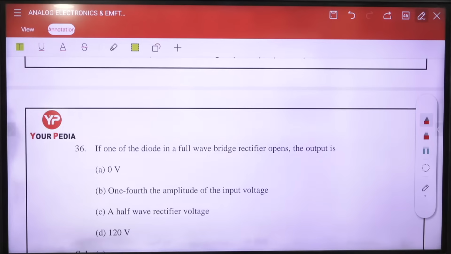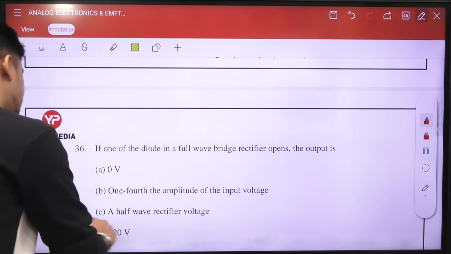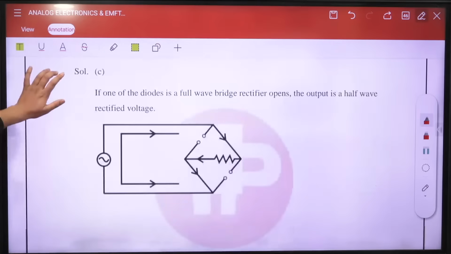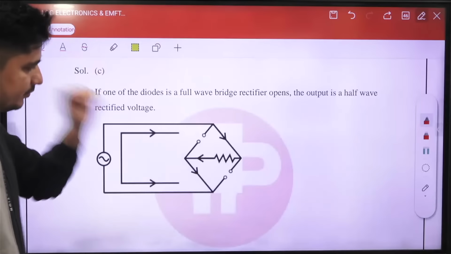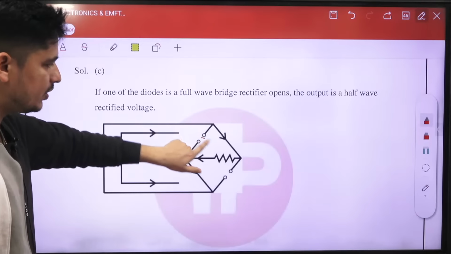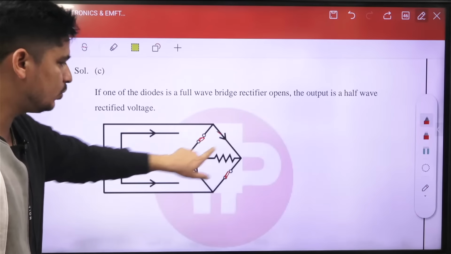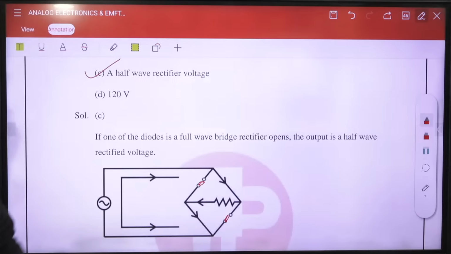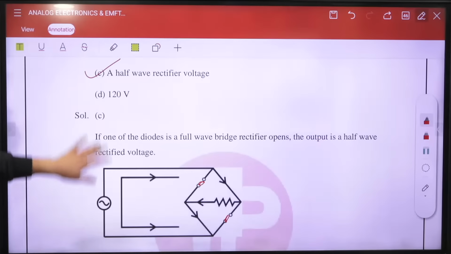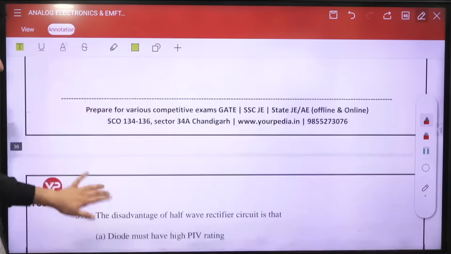If one of the diodes in a full wave bridge rectifier is open, yes, very good, the answer will be C. That will work like a half wave rectifier. Good. The answer will be C here. You can see this. If I open one diode, these two diodes can conduct for a complete cycle. In the other cycle we are not getting anything. So it will work like a half wave rectifier.